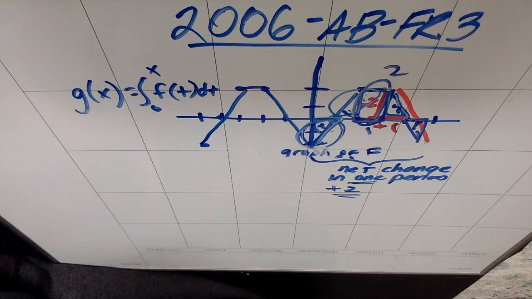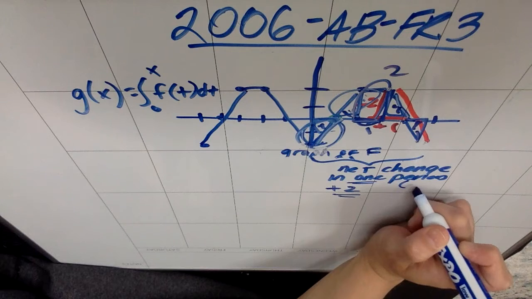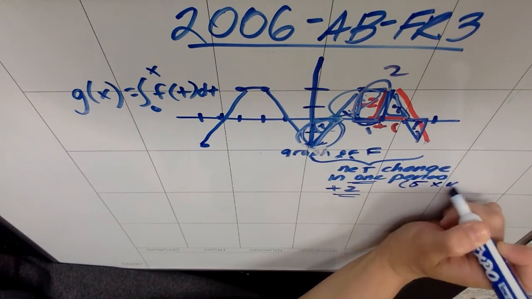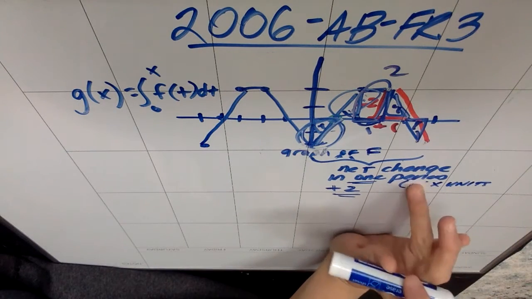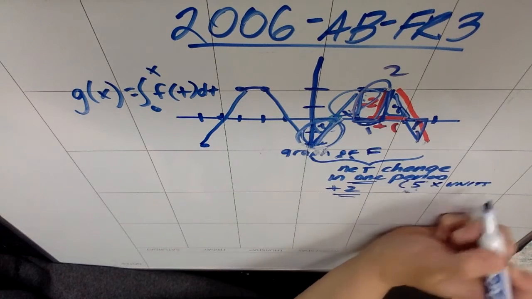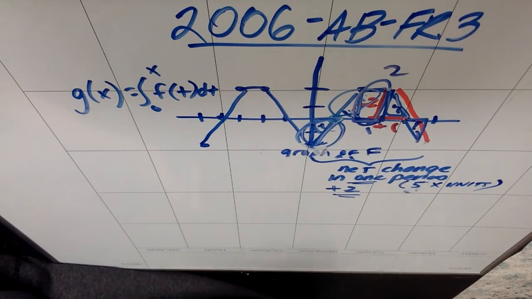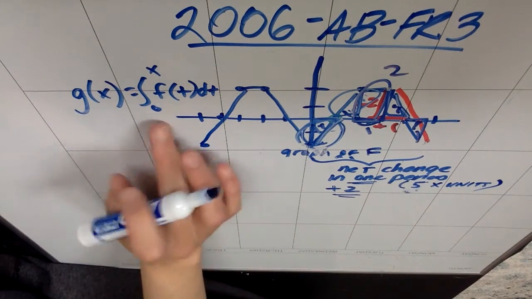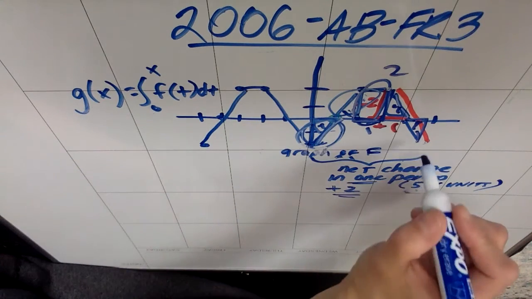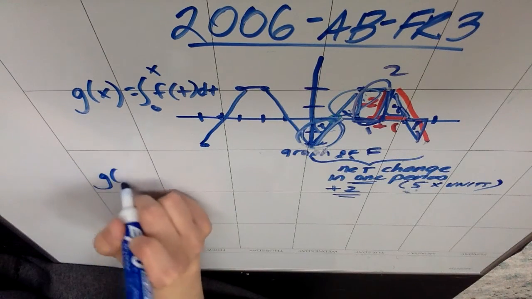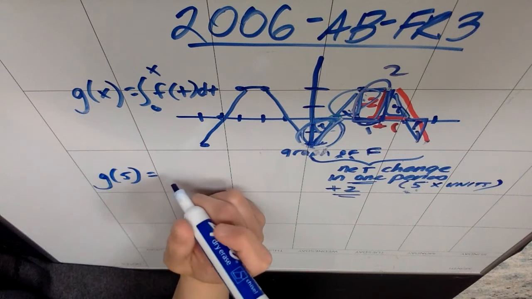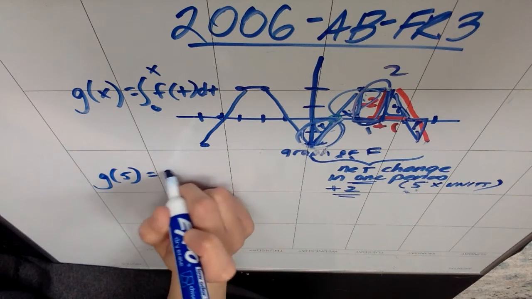So essentially, the net change from one period is +2. Every 5 units, this thing should gain +2 in value, because again, we're finding the area. Now they gave us that g of 5 is 2.